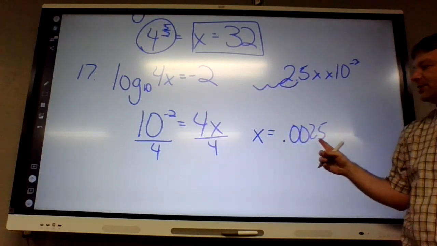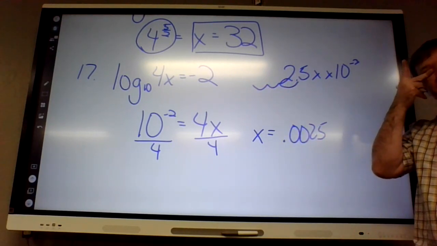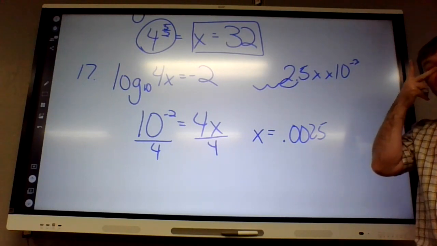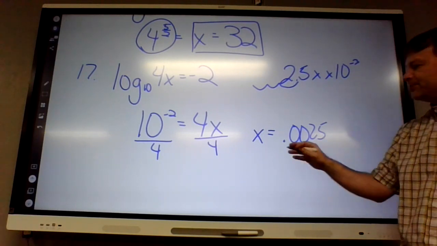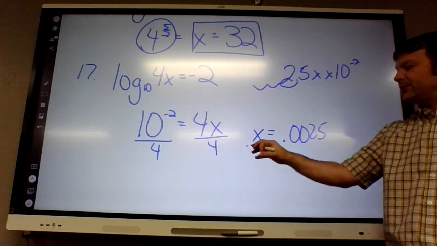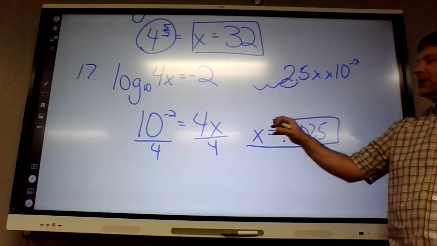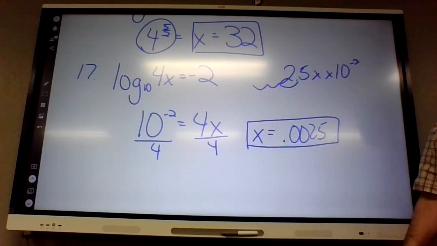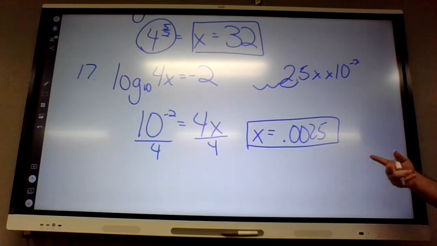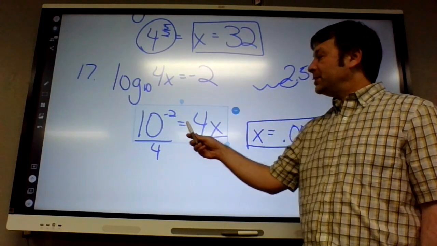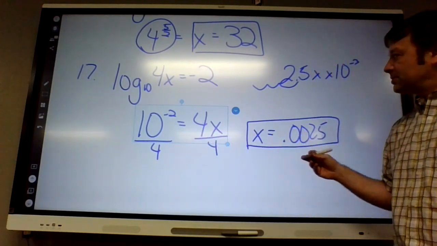If you change the mode your calculator is in, it should spit out a normal decimal. Anyway, this is the one we want. Do we write that down? This would be showing your work: 10 to the -2 equals 4x, and then that's the answer.